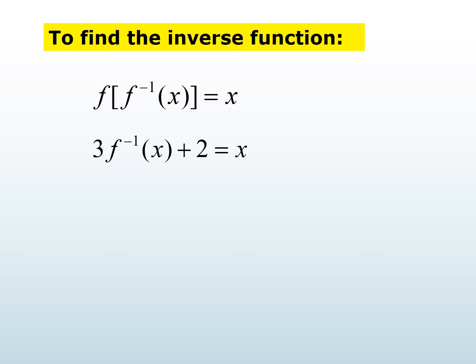We want to find f inverse of x, so we bring the 2 to the right-hand side, and we get 3 f inverse equals x minus 2. Then we divide both sides by 3, and we get f inverse of x equals (x minus 2) over 3. So the inverse function of f is (x minus 2) over 3. Let's continue with the solution.